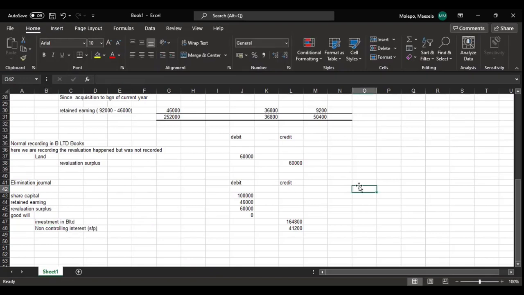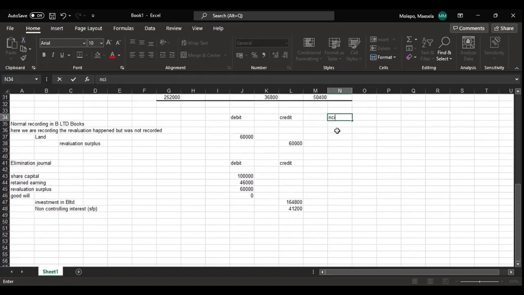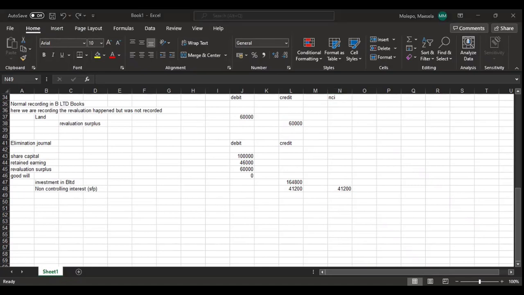We are all happy. So on the journal, they just do another extended column. They just call it NCI. So they mostly base it on whatever is happening on this side. So we're going to take that 41,200 and also put it here. So this will be made for the SPL side. So let's proceed.